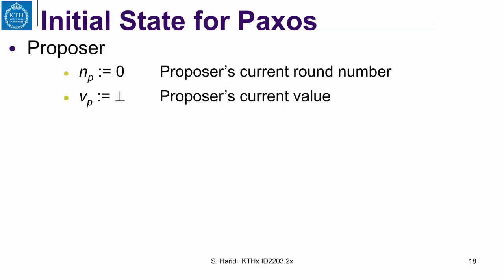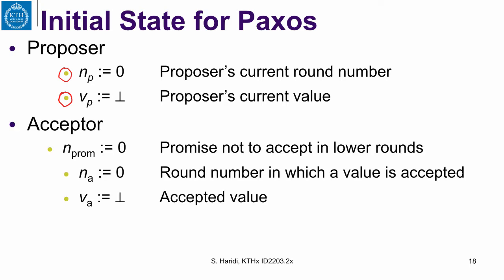So here is the initial state of the Paxos algorithm. For the proposer, we have a proposer round number or ballot. Initially it is 0. And we have the proposer's current proposed value. Initially it is undefined.